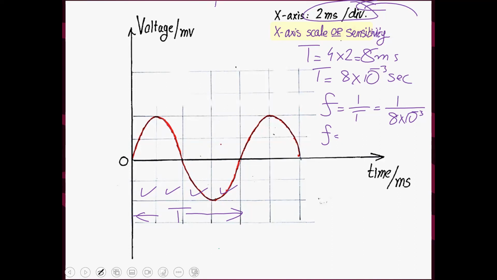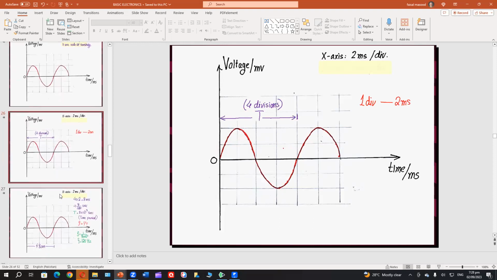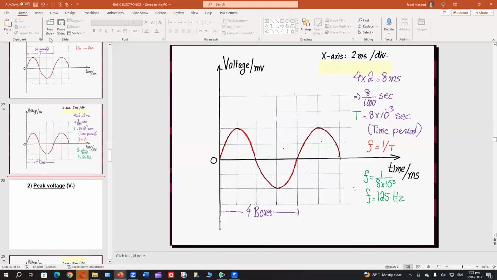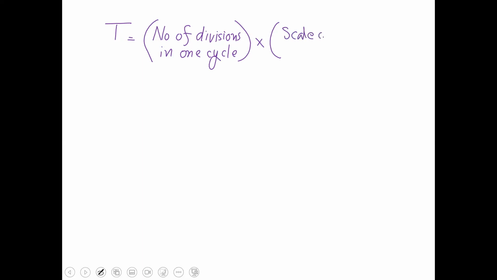Sorry, 5? 125. Good. This is the formula.